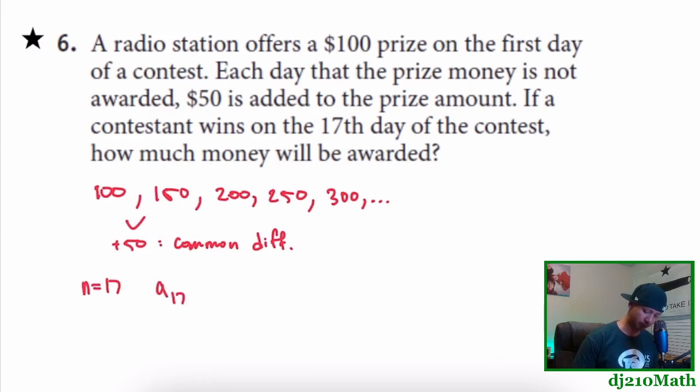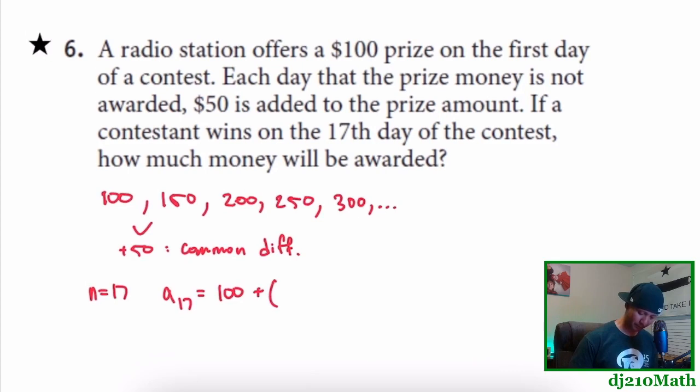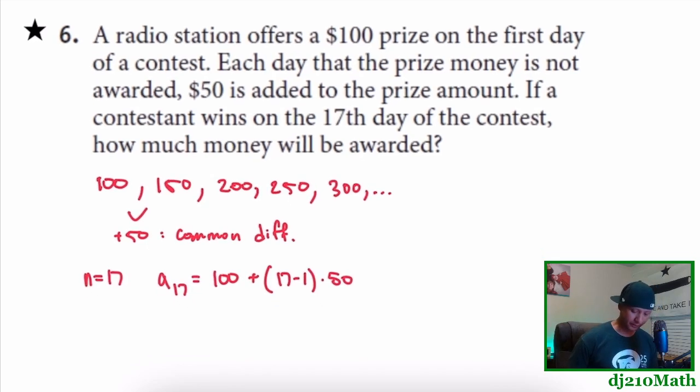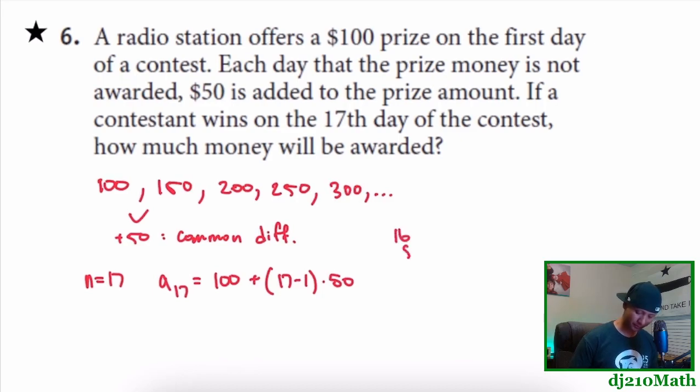So a sub 17 is equal to the first term, a sub 1, plus 17 minus 1 times the common difference of 50. 17 minus 1 is 16, so 16 times 50 is 800.